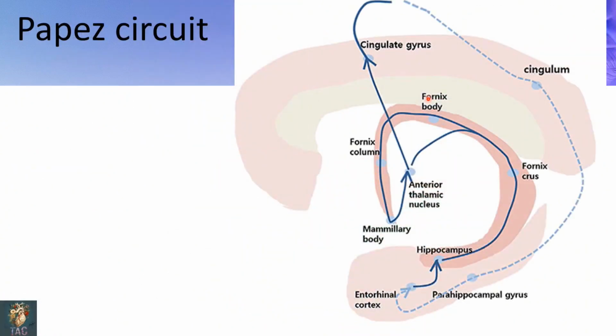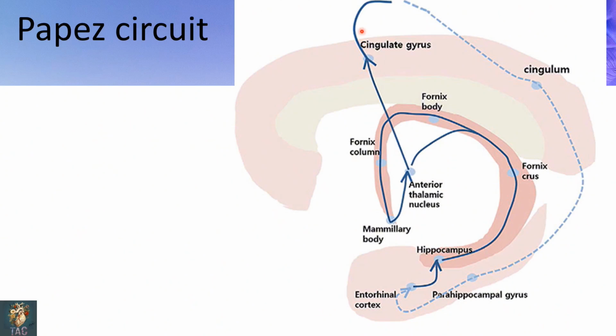So in this diagram you can see the impulses, they are initially generated by the hippocampus, and they pass on through the fornix, and they are passing through the body of the fornix, then they are going to the mammillary bodies. From the mammillary bodies, this information passes on to the anterior thalamic nuclei, and from there they go to the cingulate gyrus.